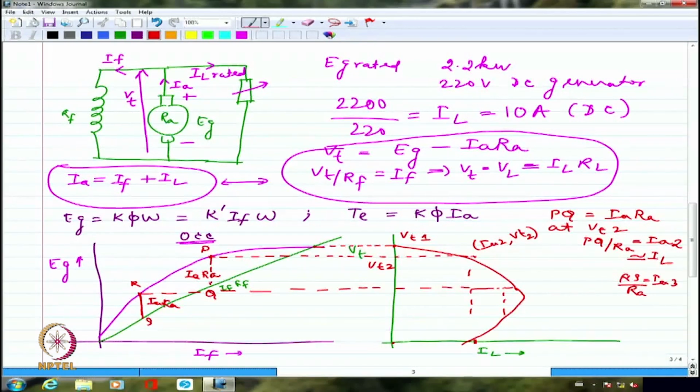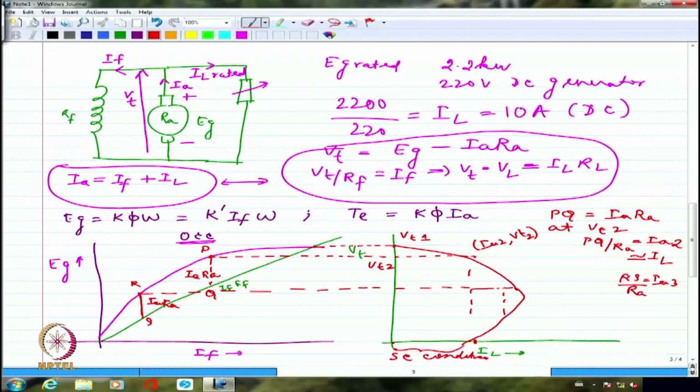So corresponding to the internally generated voltage, I will have IA-RA equal to EG. That's all I will get. And because it is IA-RA equal to EG, I am getting 0 voltage as the terminal voltage, because EG minus IA-RA will be IA-RA minus IA-RA, which will be 0 volts. So this is my short circuit condition.